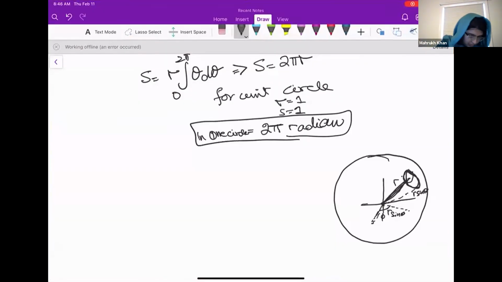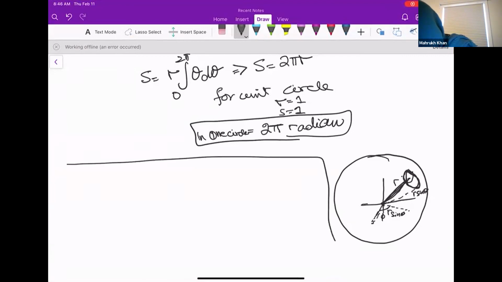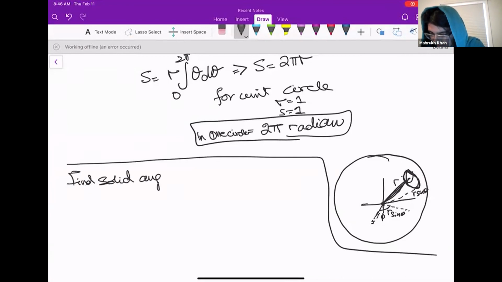Okay, I will be doing this. So what was the question? The question was, for a sphere of radius r, find the solid angle of a spherical cap of the surface of the sphere.